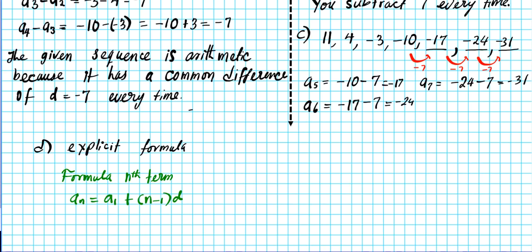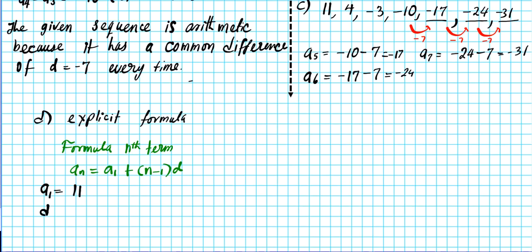Okay, now to generate our explicit formula here, we're going to use the following values. A1 is the first term of the sequence, which is 11. The common difference d is negative 7. We determined this earlier.